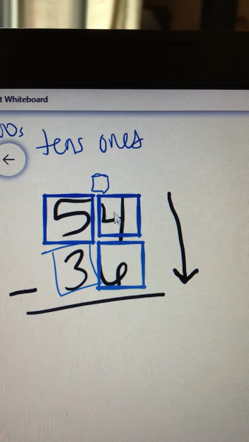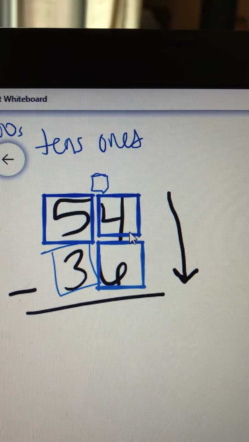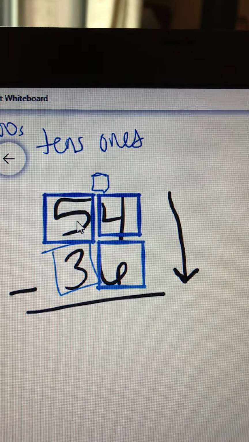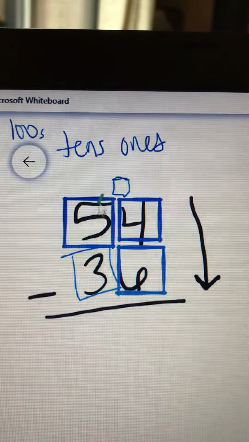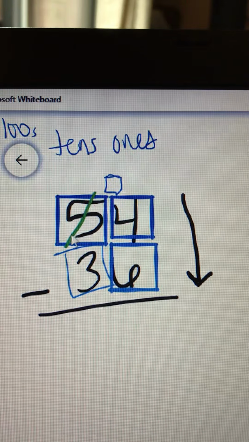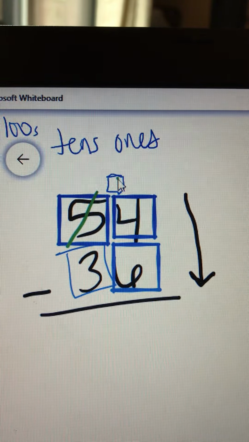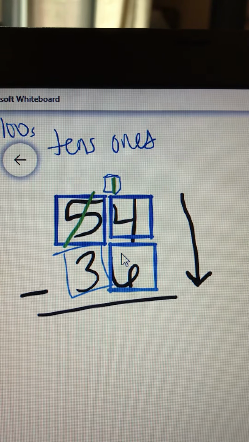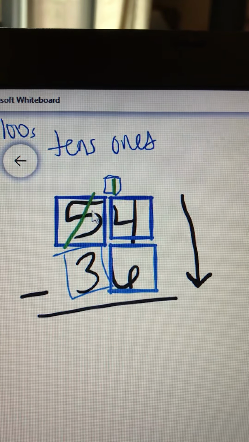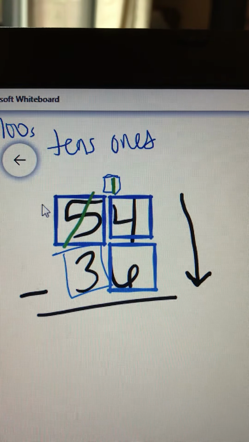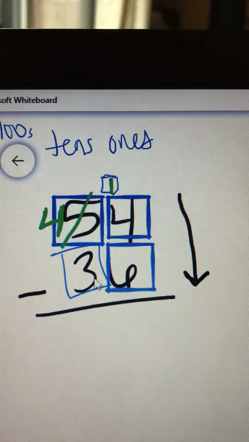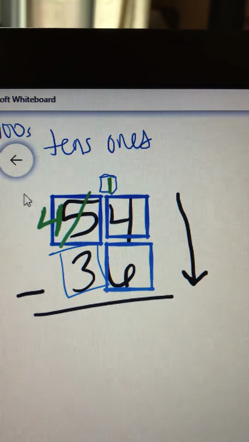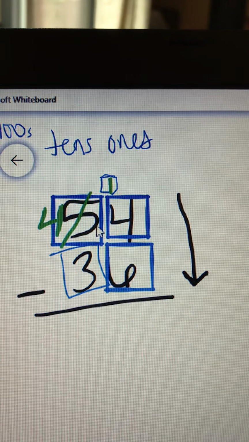How could I turn this into a 14? Well, I can borrow, right? I can take one number from the 5 and put a 1 here. Okay, so if I borrow a number from here, this turns into a 4. Okay, and you know how to do this. We went over this already.